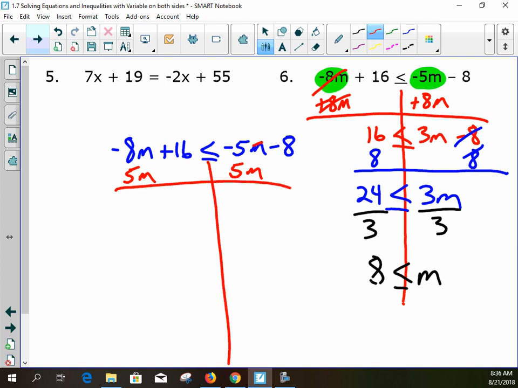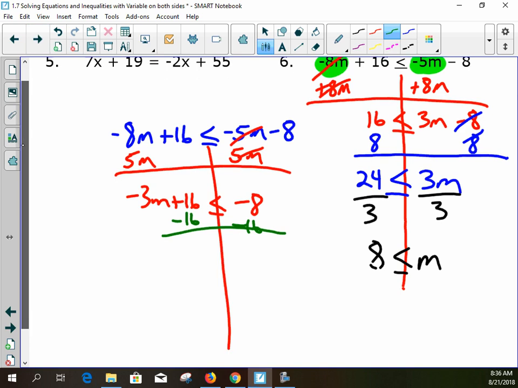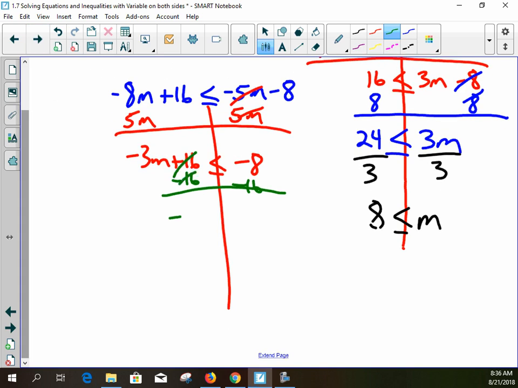It's okay, you can do this. I get negative 3m plus 16 is less than or equal to negative 8. So now I have to move my 16. This cancels out. Negative 3m is less than or equal to negative 24, right?